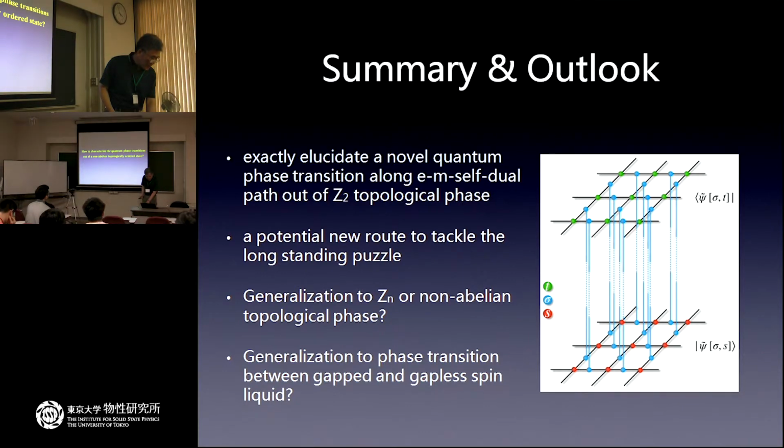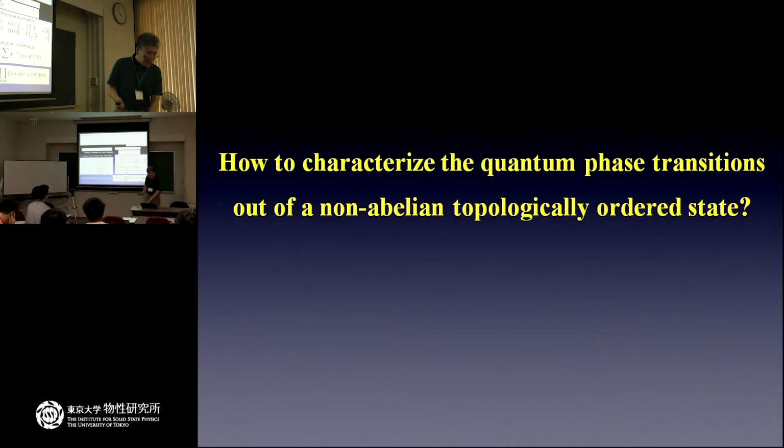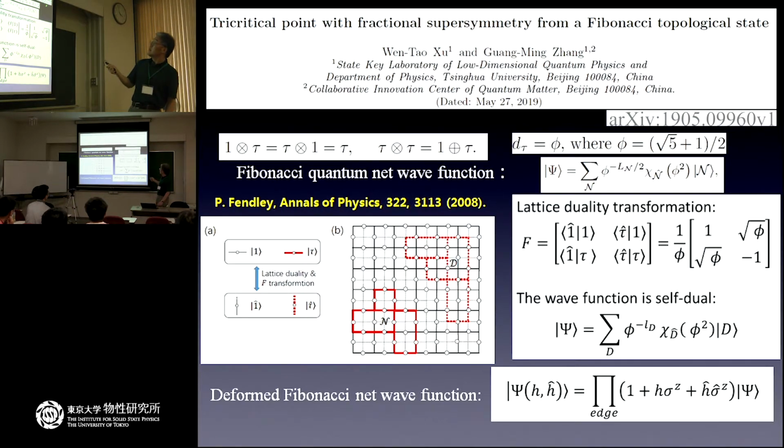Regarding the non-abelian topological phase, recently we put another paper on the arXiv to consider the Fibonacci topological order phase, the topological phase transition associated with the Fibonacci topological phase.